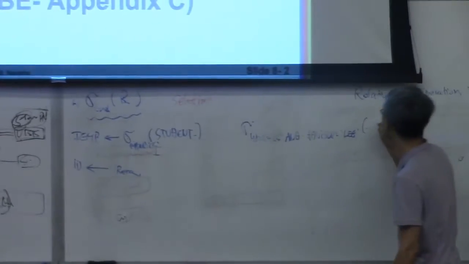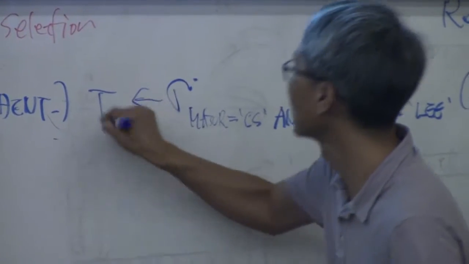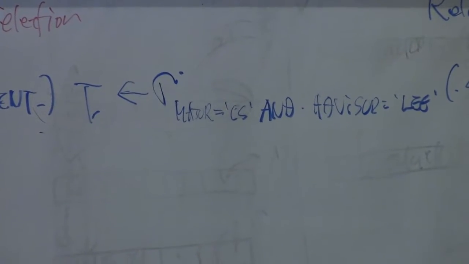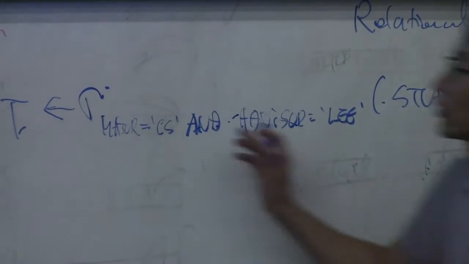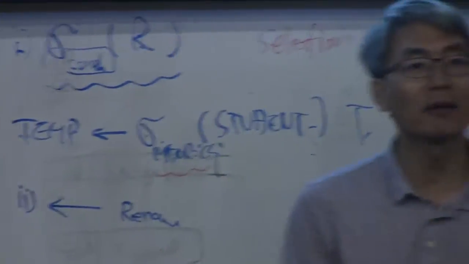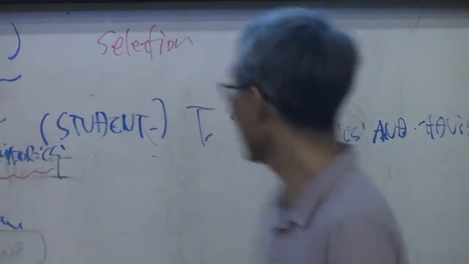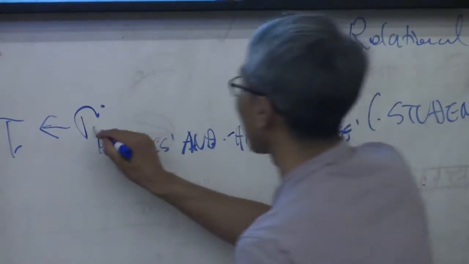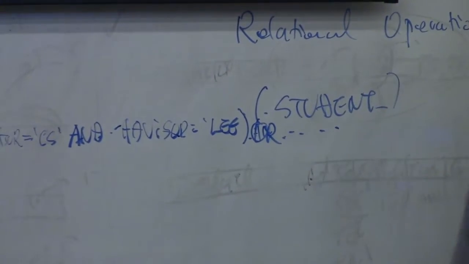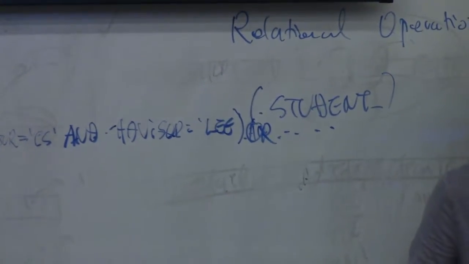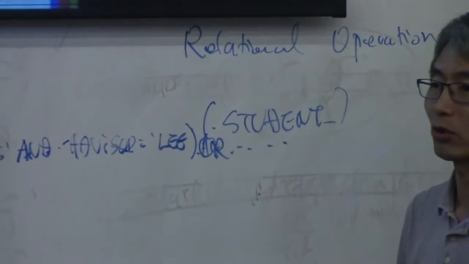Advisor is Lee, from student. Then the output of this one can be a relation, like this. You can add any logical operator for the condition. It can be associative, it can be commutative. Okay? You can change the order. Also, you can have another AND or OR operation for the condition. Then we can specify more details of the condition in the subscript.